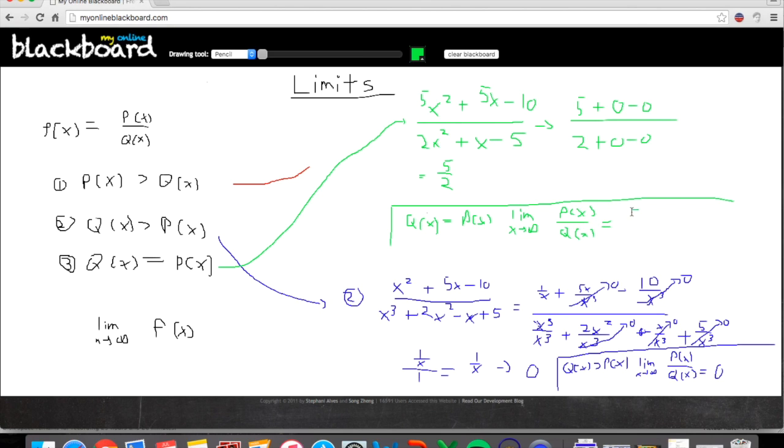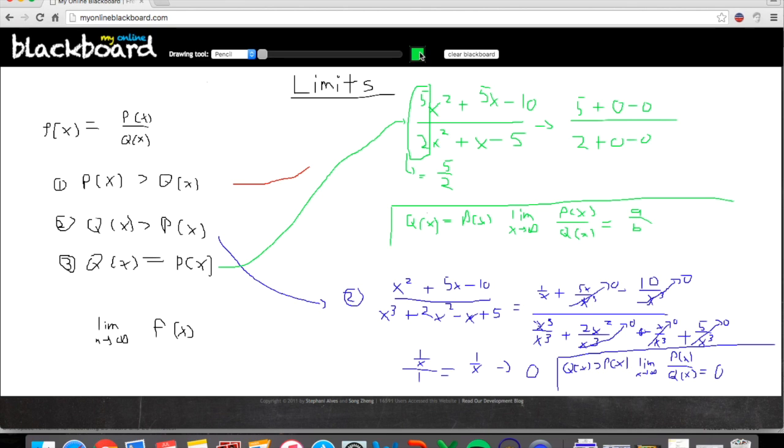And a over b are the coefficients of the highest power. So as you can see here, 5 over 2 is just this. So you go to the highest power, and you take the coefficients, and that is your answer. 5 over 2, 5 over 2.